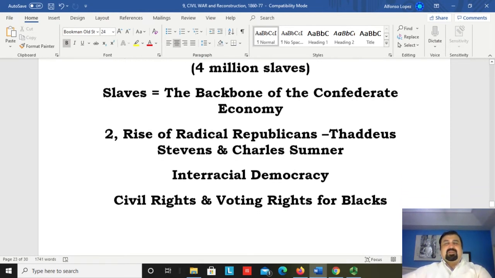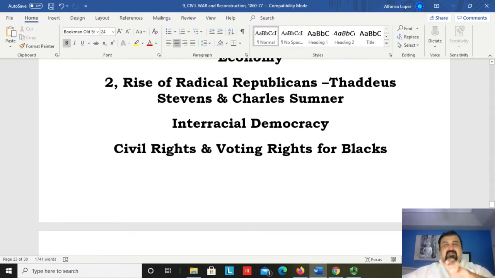Now, as we look at 1863-64, what we're going to see is that Congress is really at this point dominated by the Republican Party, because this is the party of the Union, by the way. This is the party of the North. When the South seceded from the Union, all of the Southern congressmen from the Democratic Party left Washington, D.C. So at this point, there's only Republicans in Congress.